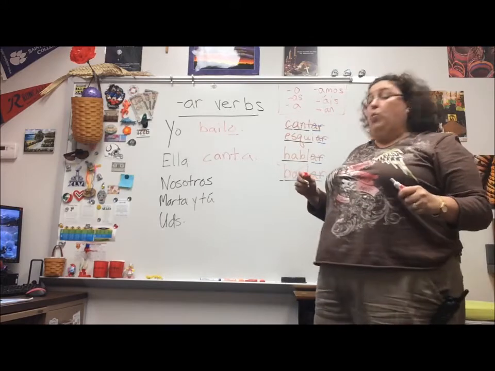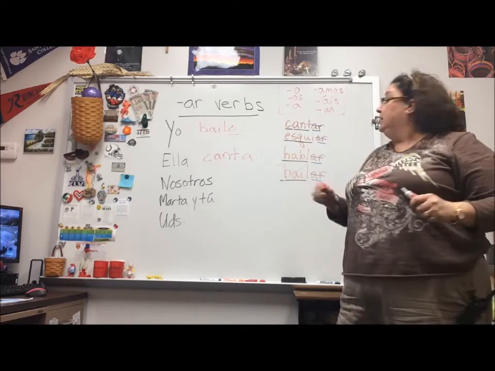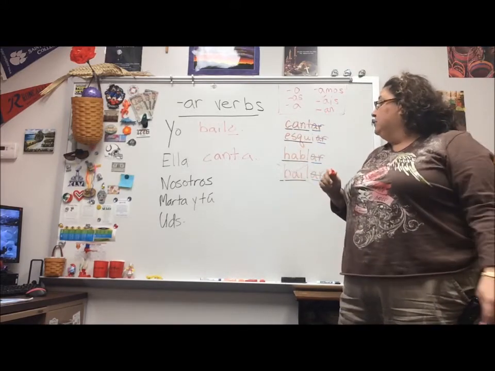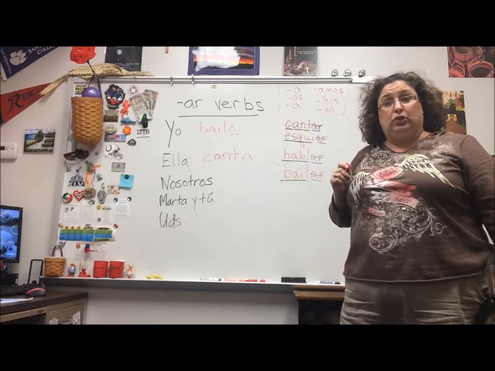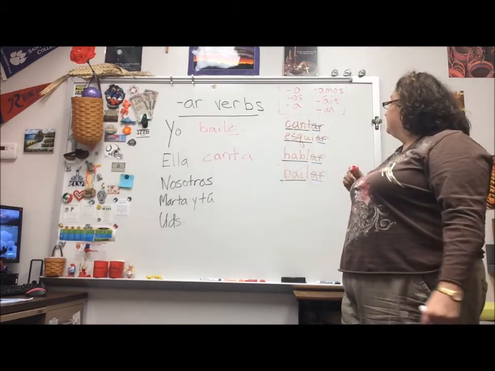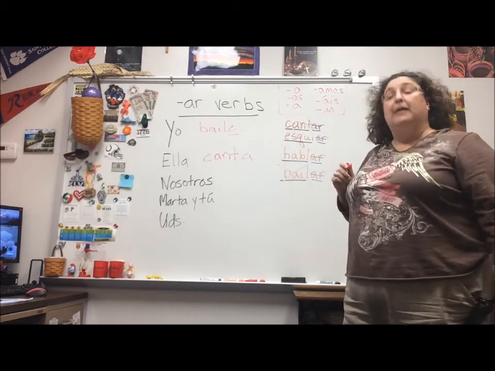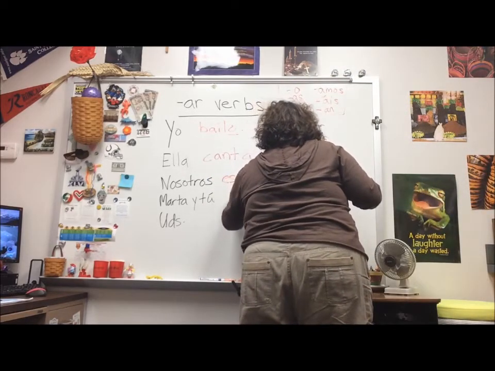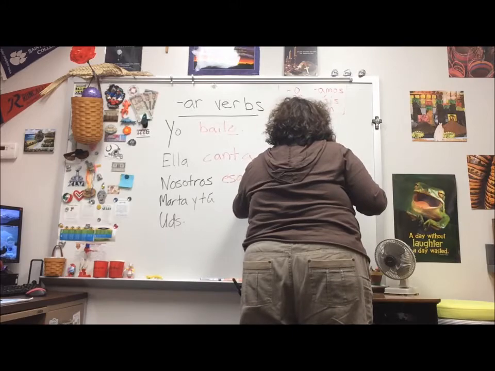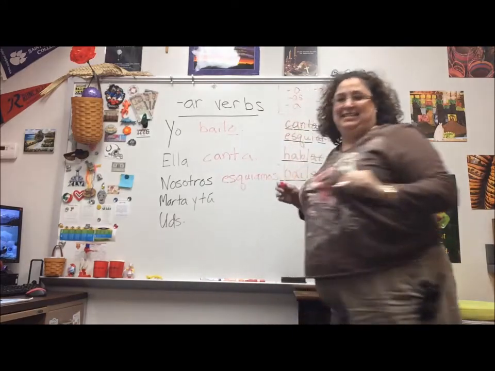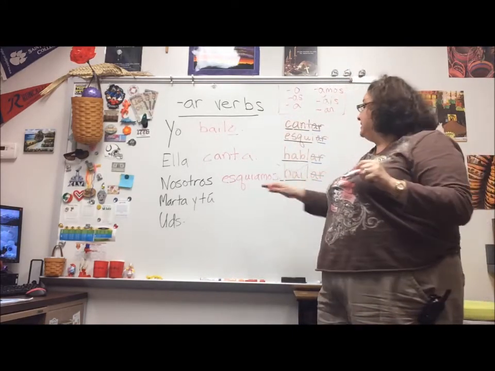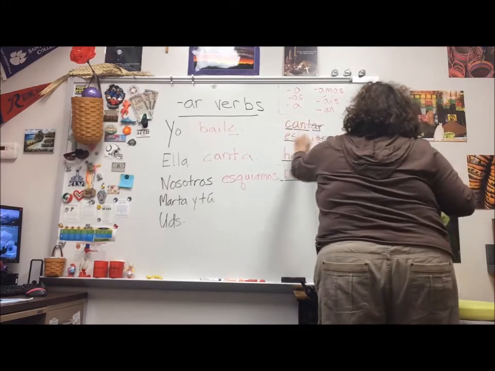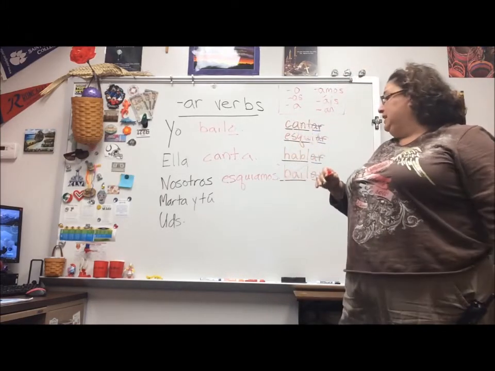Now let's go with we ski. So that's esquiar. So we're going to say nosotros esquiamos. It's a hard one to pronounce, you're right. Esquiamos. Good. So we can cross that one out, and obviously Marta y tú.